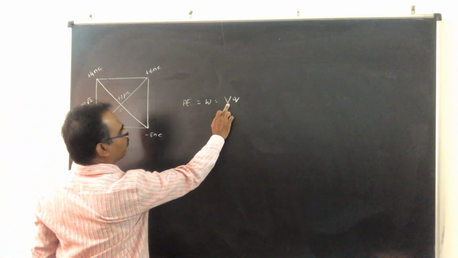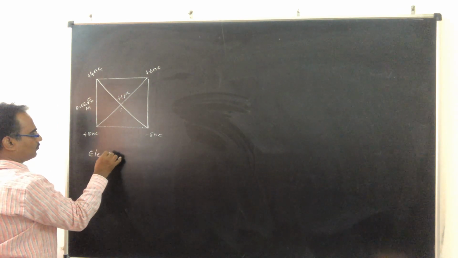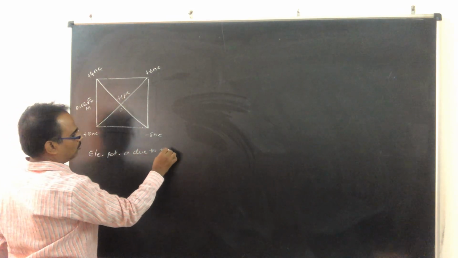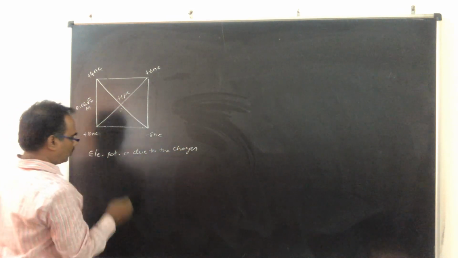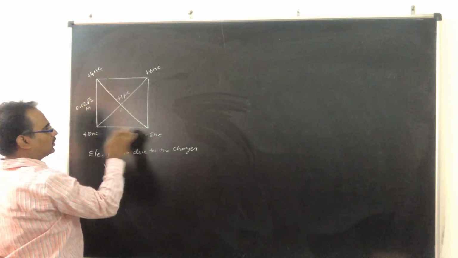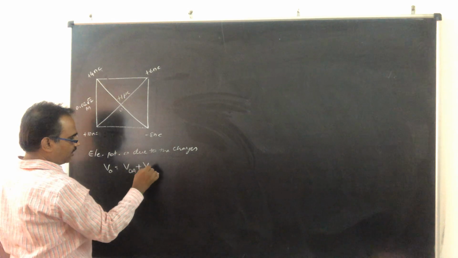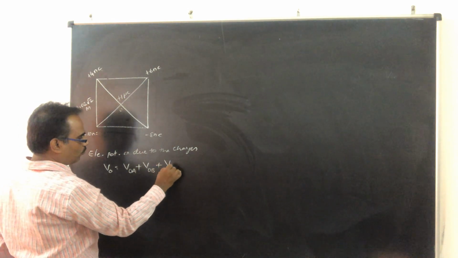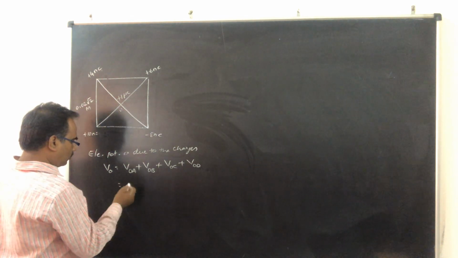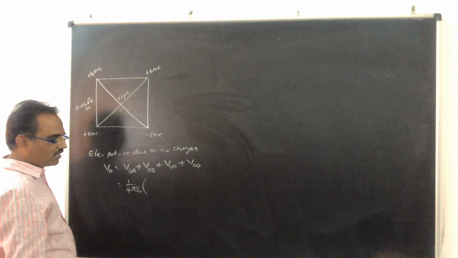So first you find the electric potential at O due to all the charges. At this point, due to these 4 charges, the potential is given by potential at O due to the charge at A, potential at O due to the charge at B, potential at O due to the charge at C, and potential at O due to the charge at D. So if I write the formula, this 1 by 4 pi epsilon naught is common.